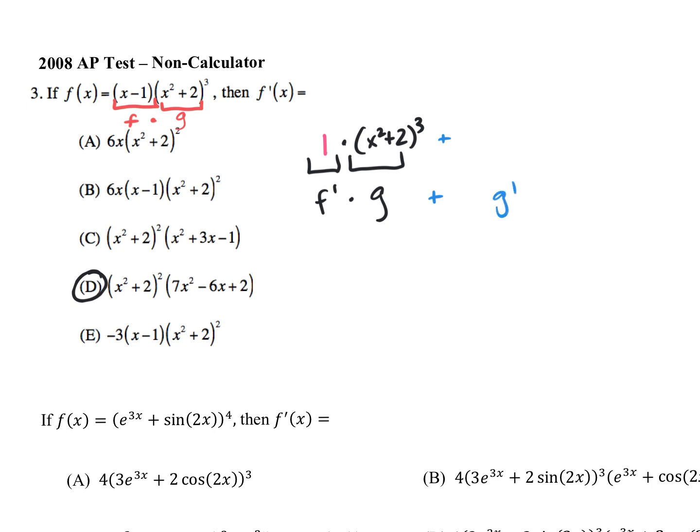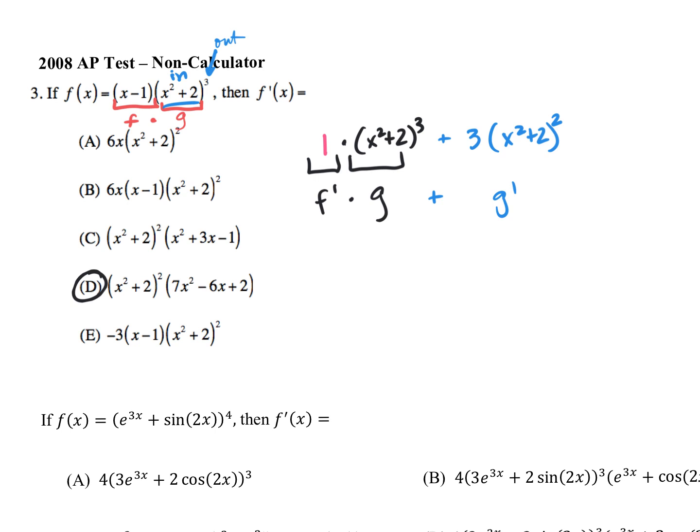Okay, we got this. Let's look at our g. Of my g, do I have an outer and an inner? Yeah, so we got an outer 3 and an inner. The derivative of my outer, Graham and Soph, you said bring that 3 out front. What do I put in the parentheses? Leave the inside. Perfect. Exactly.